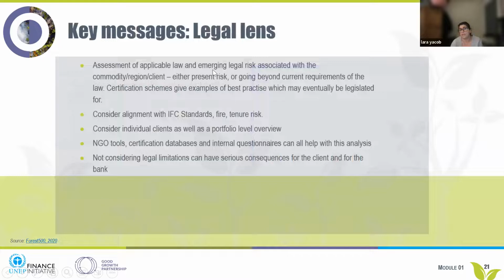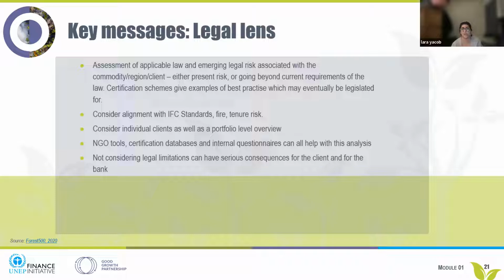So it's really critical, again, coming back to this idea that legality and compliance is really important for banks, and just needing to be aware of applicable laws associated with their clients. The next slide.